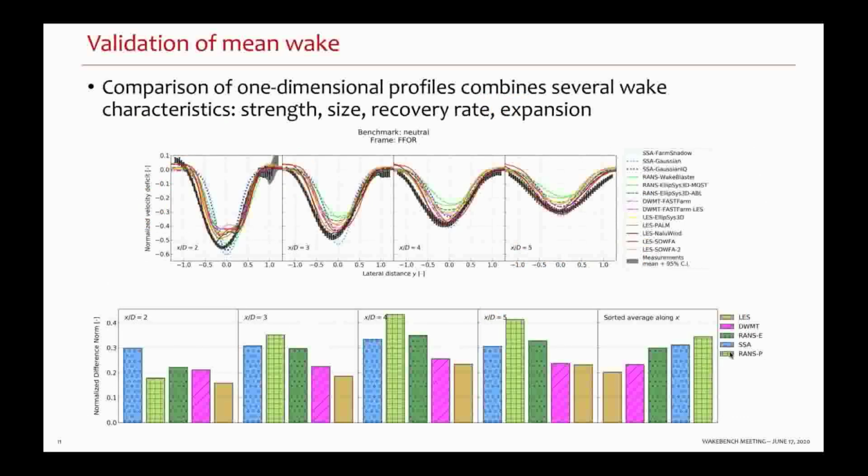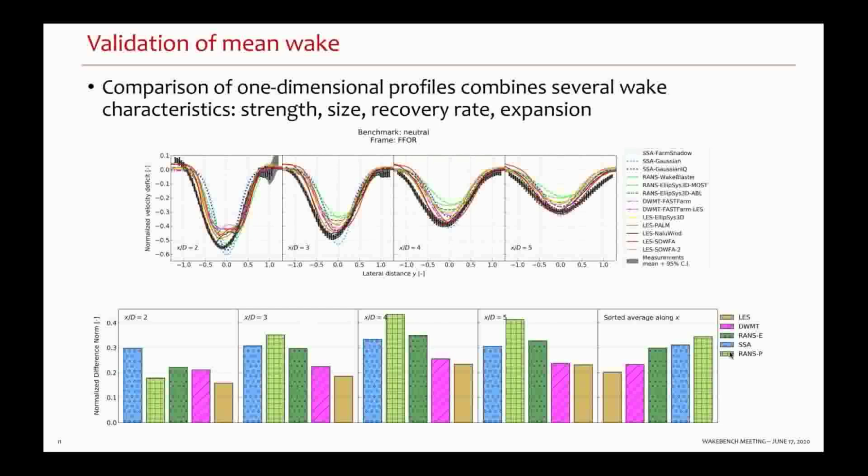And then we compared a lot of things in terms of wakes. I'm just going to give you guys some examples of comparisons that we did. So all of these figures are found in our wind energy paper, which, as I mentioned, will be coming out very soon. So these are one-dimensional profiles of velocity deficit at different distances downstream from 2 all the way to 5D.